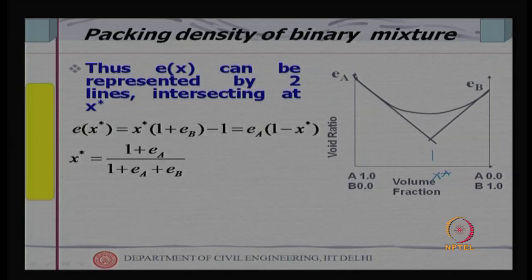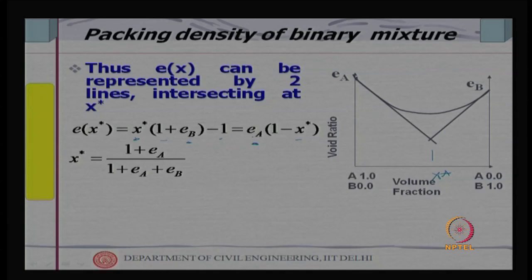From one side it is given as x star into 1 plus E b minus 1, and that must equal E a into 1 minus x star, because x is the same for both. From this you can get an expression for x star. You bring E b to this side, and on this side you have x star E a.